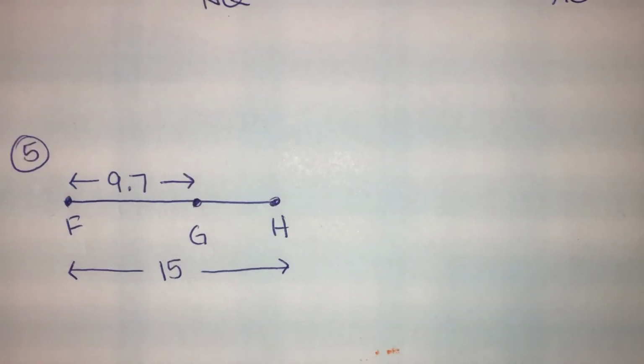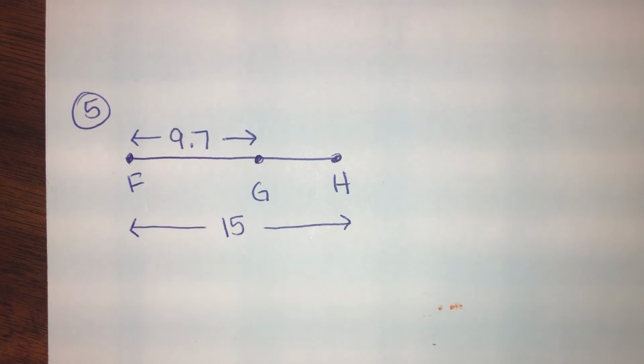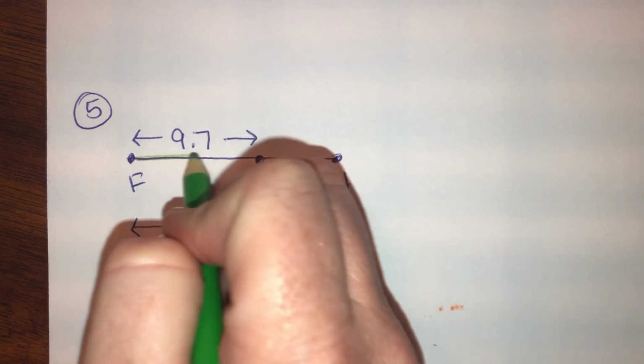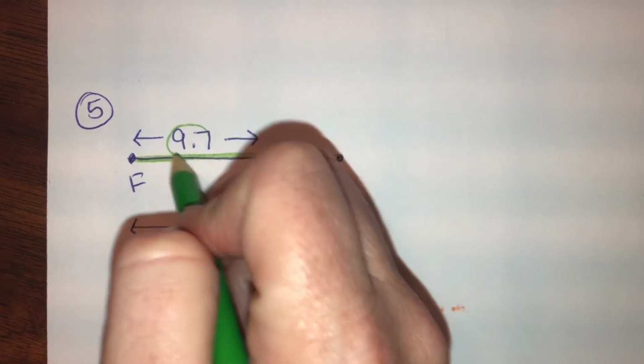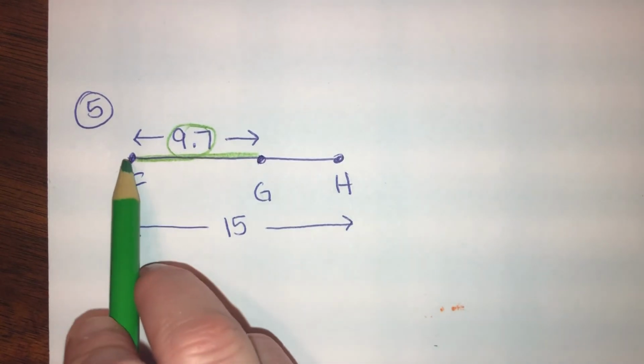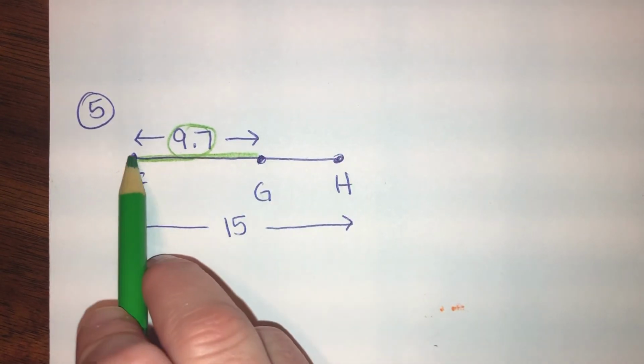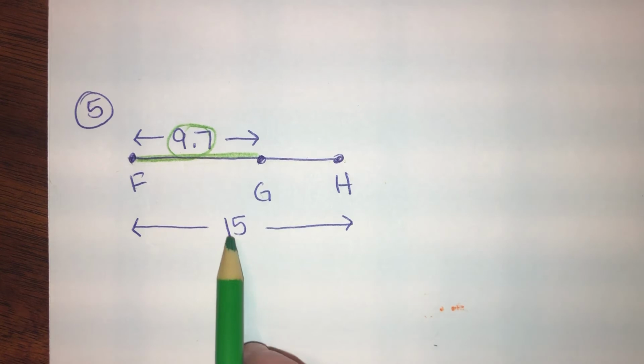And then the third one, number 5, we're still doing the exact same thing. We're just going to alter the order we do it in. This one was in millimeters, I remember that. The first section here is 9.7 units from F to G. And then it tells us the entire thing from F to H all the way across is 15 units.